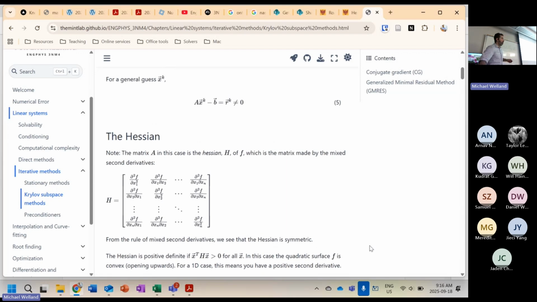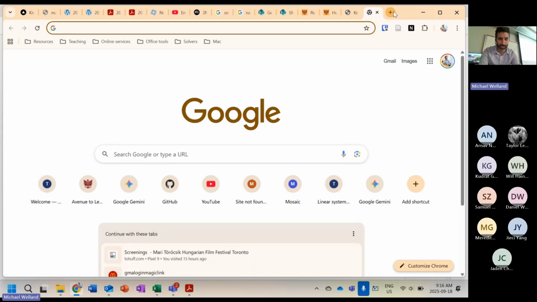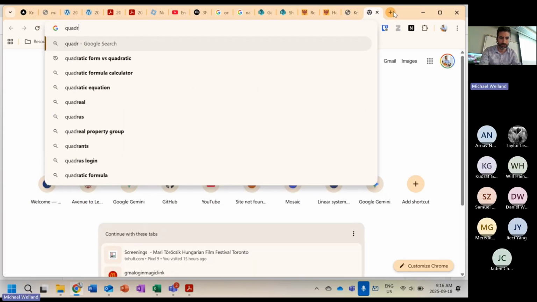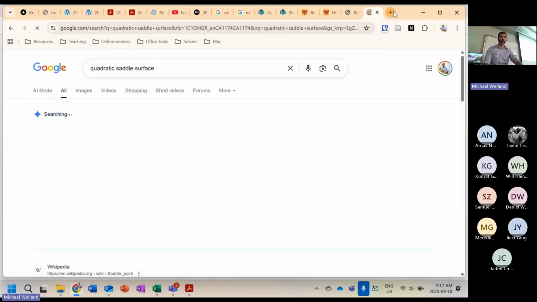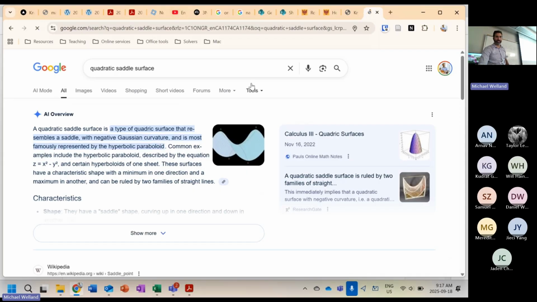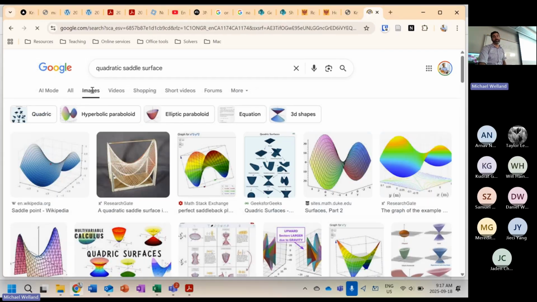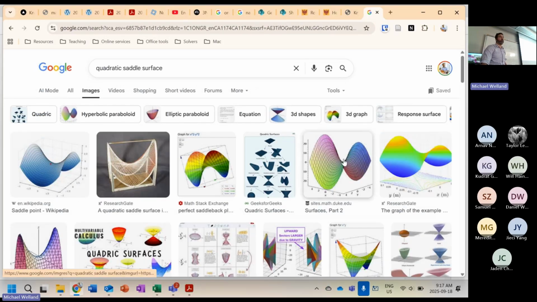Okay. When it is positive definite, you will have a surface like a bowl, something that looks like this. I should have a nice 3D picture. I don't have a convenient picture, so I'll just Google it. A saddle surface. If it isn't positive definite, you are going to have a surface that looks like a saddle. And it's actually called a saddle point problem.